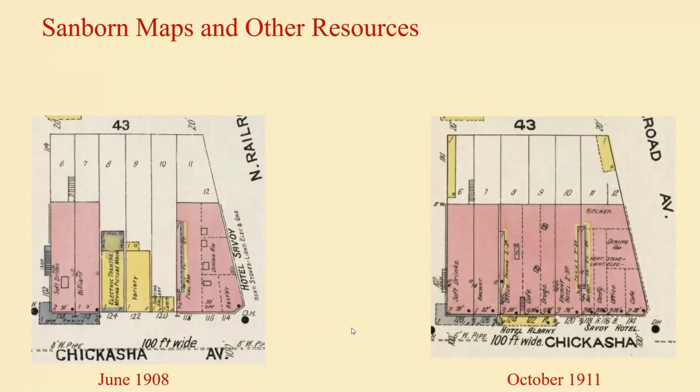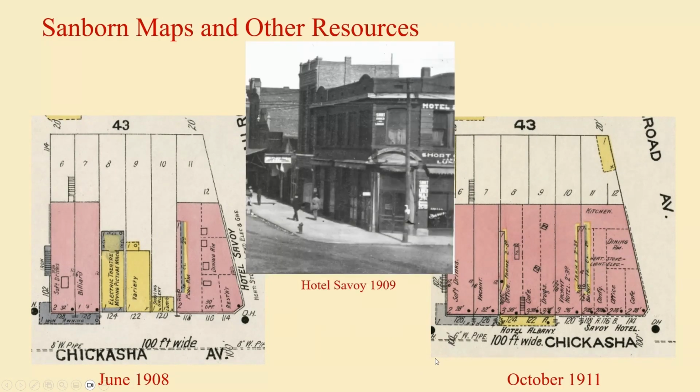Move on to 1911, and we see a pretty significant change here. The map, the buildings in the center of the block, the one-story wood buildings are gone. They built several three-story brick buildings in the center. And we look at this photo, and we see something interesting here. We have the hotel on the corner. Down at the end of the block here, we have the two-story building that was there before.